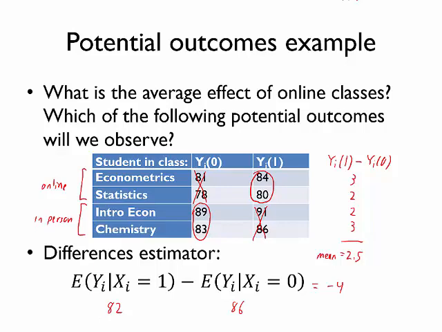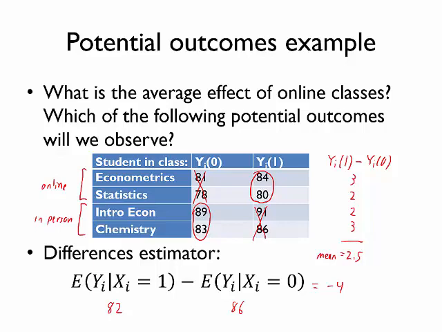So this is a situation where we'll have to think about why this might be. Is there some reason why these two things don't match? We should keep in mind that there may be other differences in these classes. Perhaps there's something about econometrics and statistics that is different from intro econ and chemistry. Perhaps they're more difficult classes. Perhaps grades tend to be lower in general.